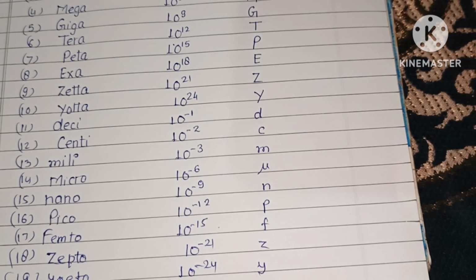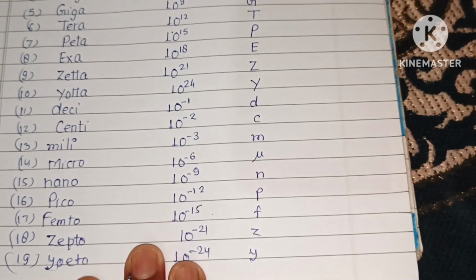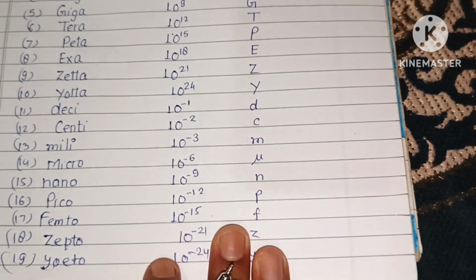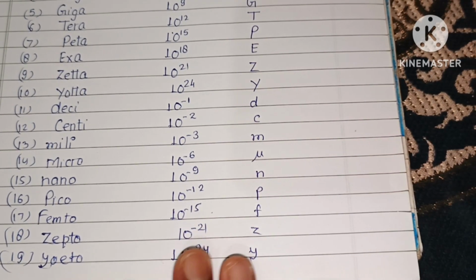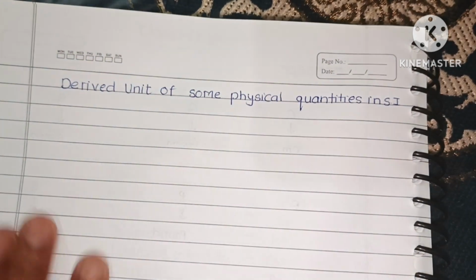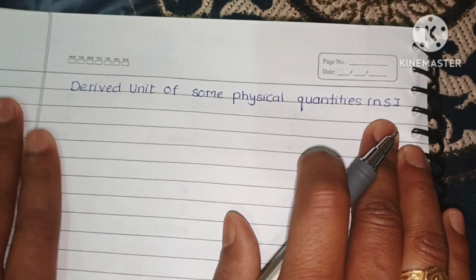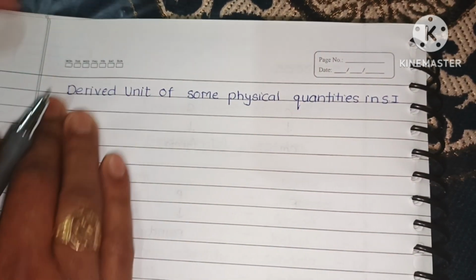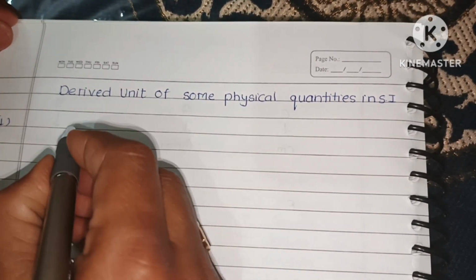Okay, you have to learn all this because this is very important, and sometimes you will face numericals related to this. Okay, let's discuss derived units of some physical quantities in SI system. First is area.